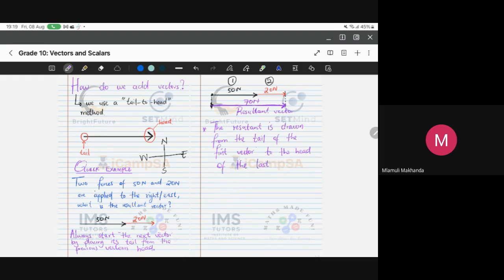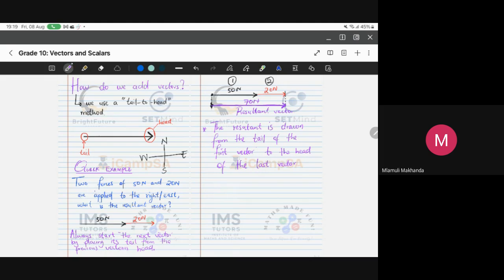Notice I didn't say to the head of the second vector because there can be so many vectors we are adding. I just said to the head of the last vector because saying that is more universal, right? Last vector. You don't say the second or third because you never know. You can have as many vectors as possible.